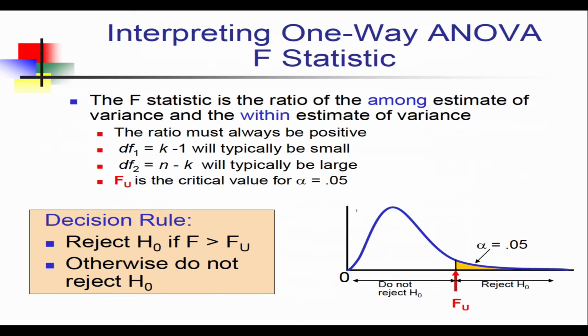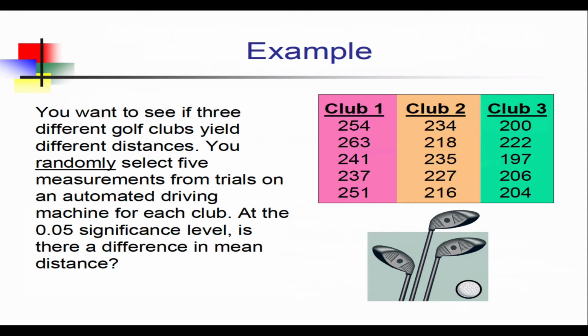So after we identify this critical value FU, we identify this rejection region. Then we can compare our F statistic to this rejection region to determine whether we're going to reject the null hypothesis or not. So let's look at one example.